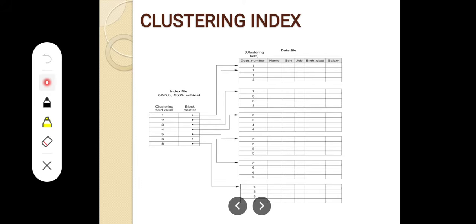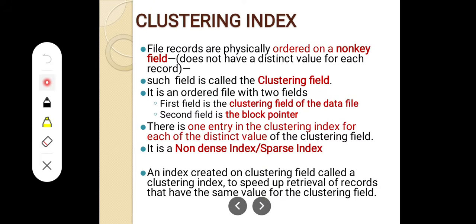This means there is only one entry in the clustering index for each distinct value of the clustering field. Since the data file has 3 ones, but the index has only a single one. Even though the clustering field has multiple occurrences of a value, only one entry will be there in the index. That is why there is only one entry in the clustering index for each of the distinct values.